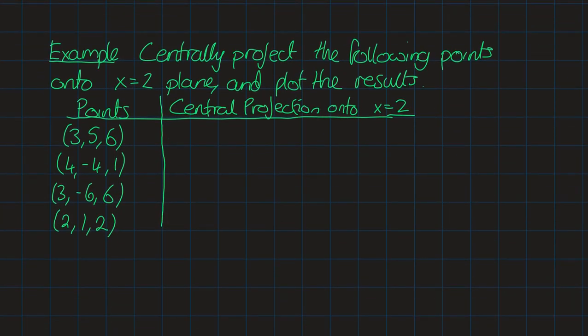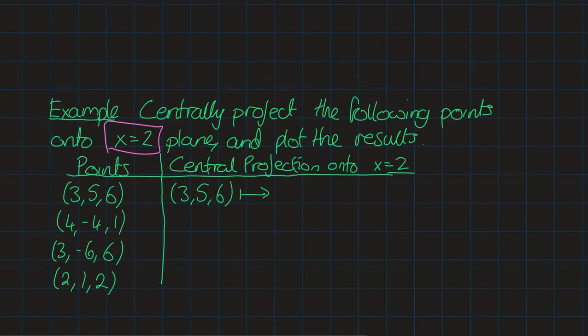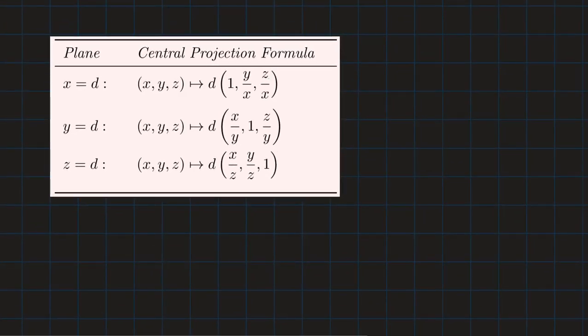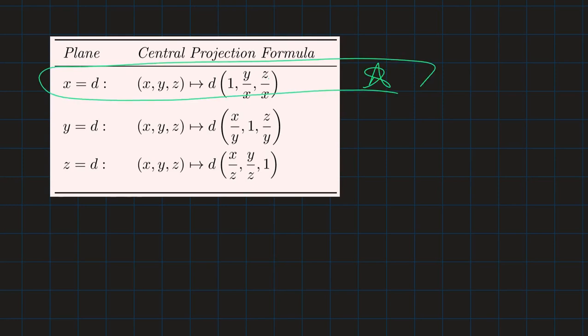This example says, centrally project the following points onto the x equals 2 plane. So importantly, x equals 2 plane. And plot the results. So let's do this. 3, 5, 6. I'll write it out nice and slow. This gets mapped to what? Well, what is d in this case? We know that it's an x equals 2 plane, so we're using this formula right here.